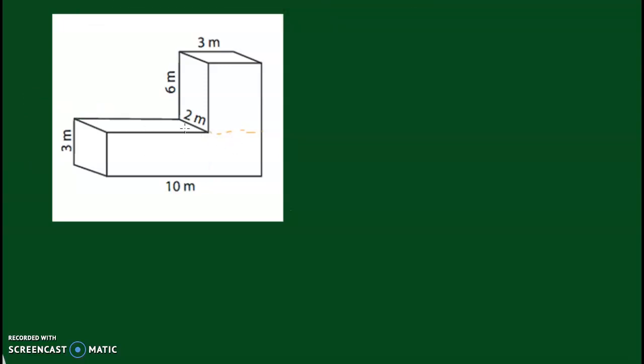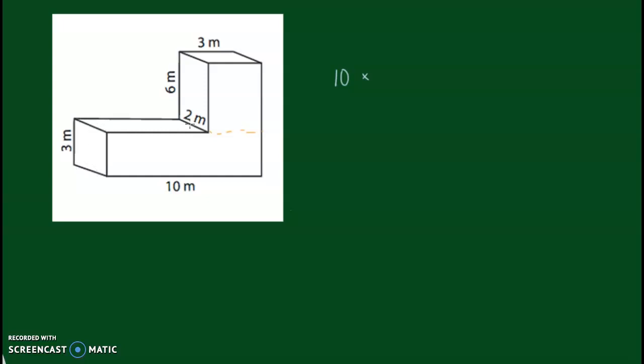And so now we're going to figure out the volume of this bottom portion. So I know that the length from left to right is 10 meters. And from front to back is this amount here. Well, we don't have this labeled, so we're going to have to do some searching. So I'm going to look up here, because this is the same as this one.